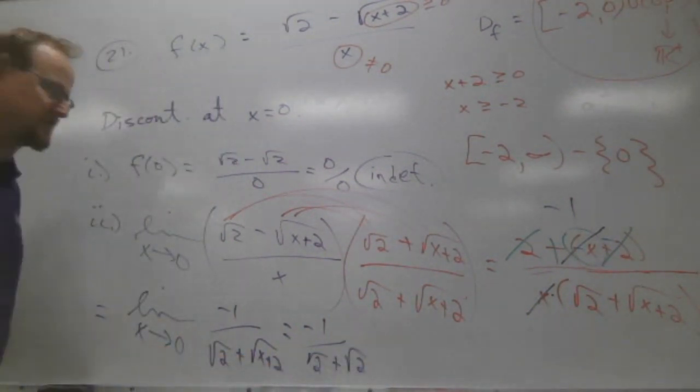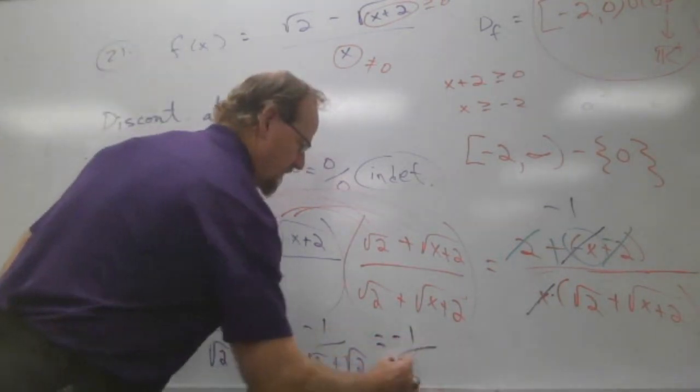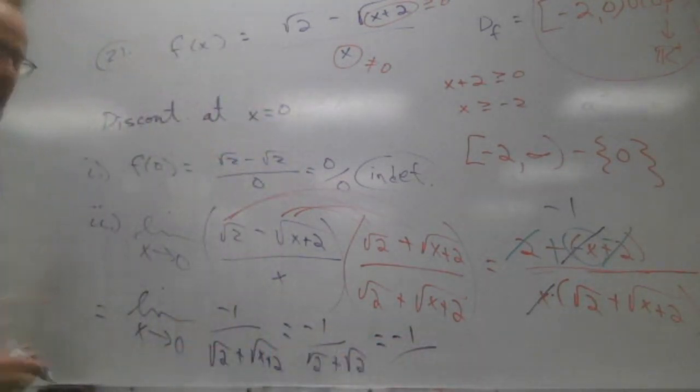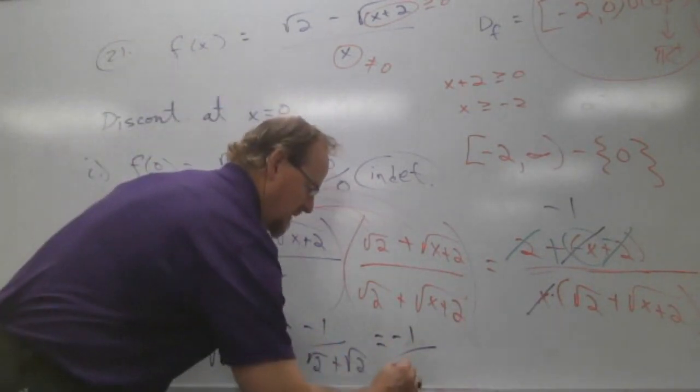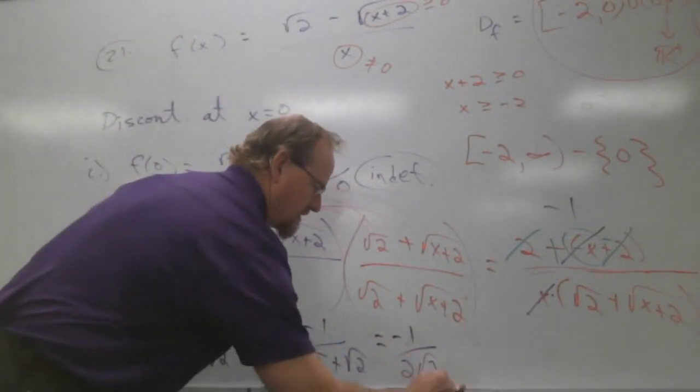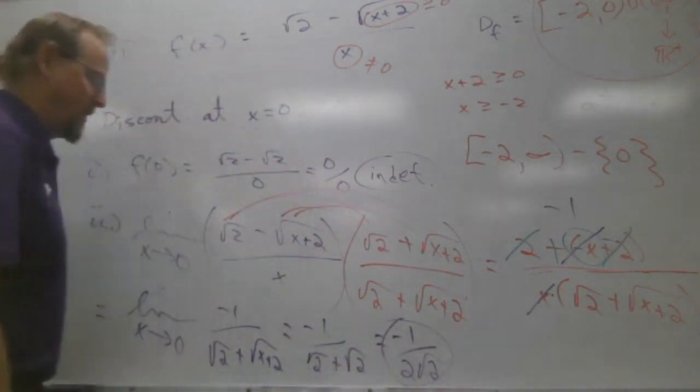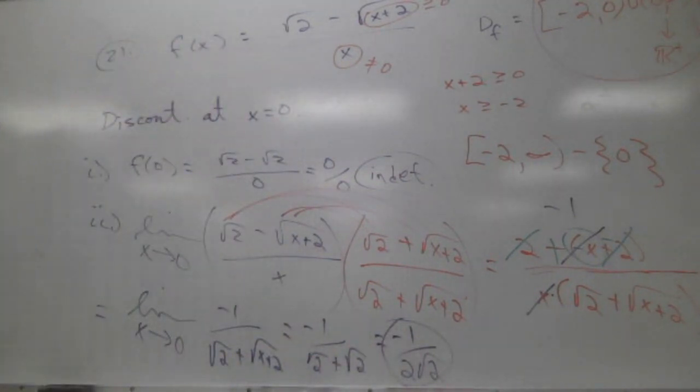What is the square root of 2 plus the square root of 2? Two square roots of 2. If I have x plus x, it's 2x, right? So anyway, this is 2 square roots of 2. So what type of discontinuity is this? What do you think? Essential or removable?